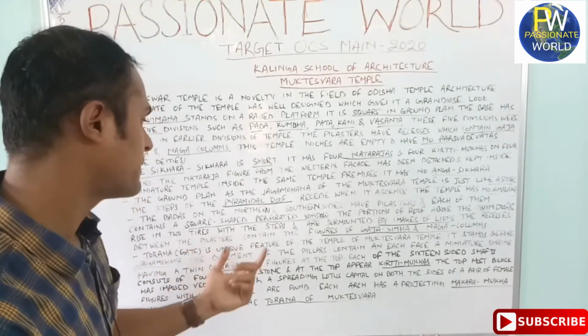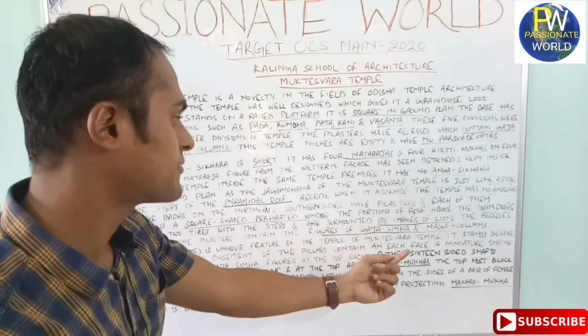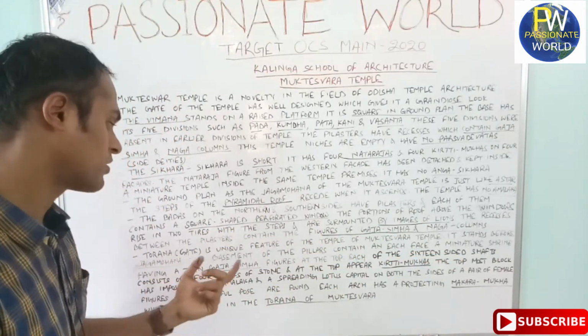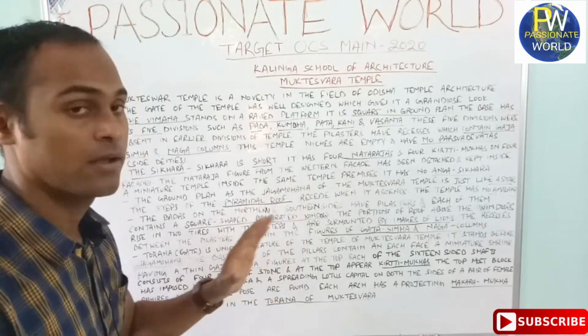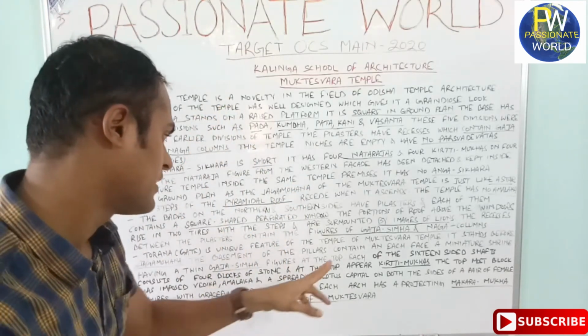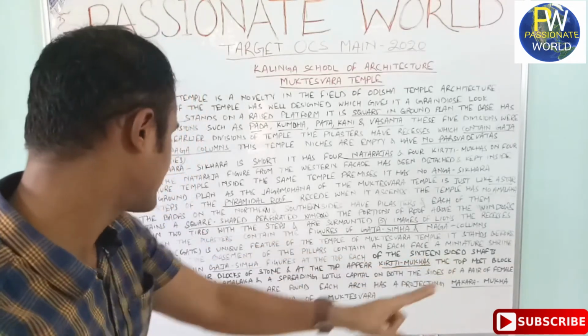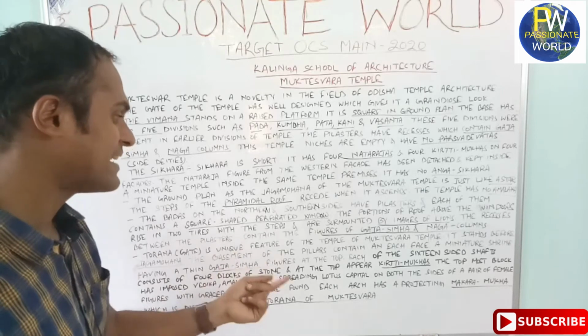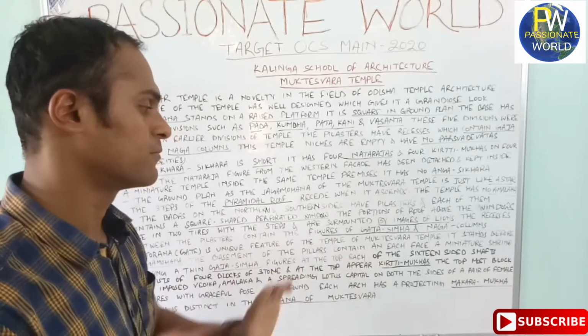Then the basement of the pillars contains on each face a miniature shrine having twin Gajasimha figures at the top. Each of the 16-sided shafts consists of 4 blocks of stone and at the top appear Kirtimukhas.